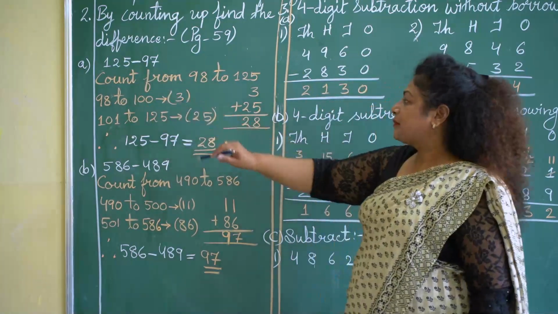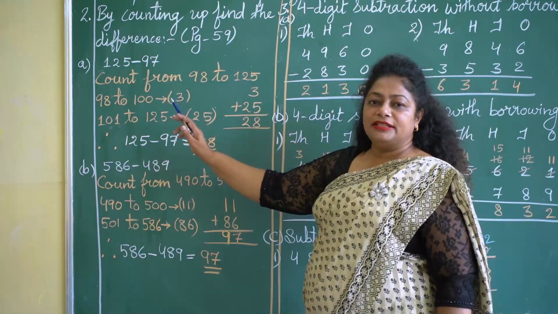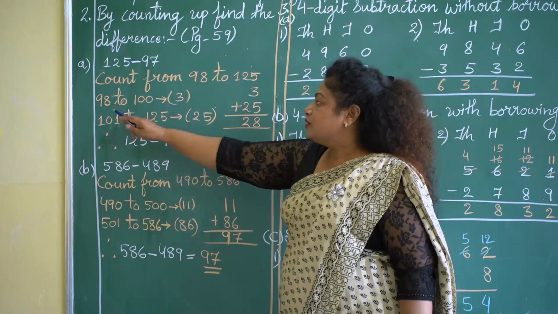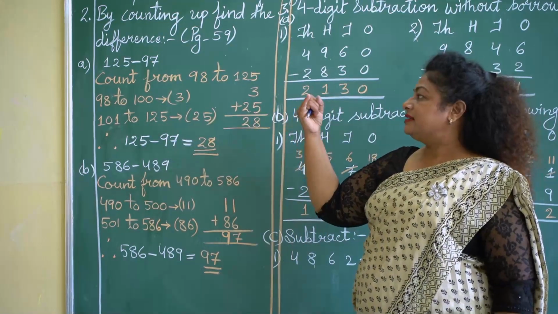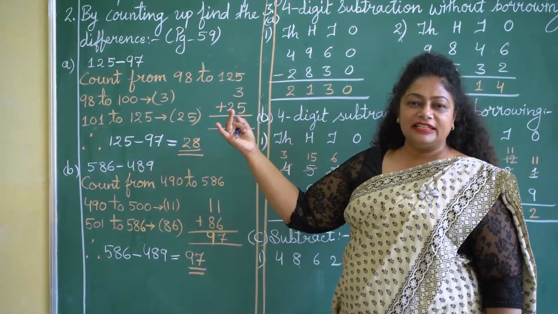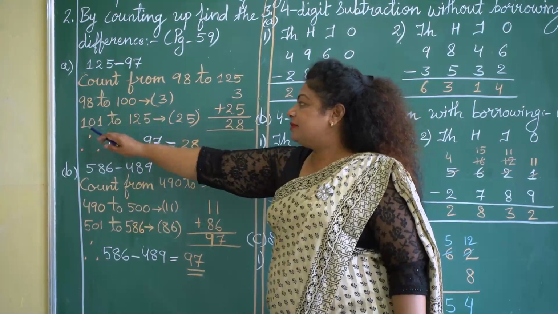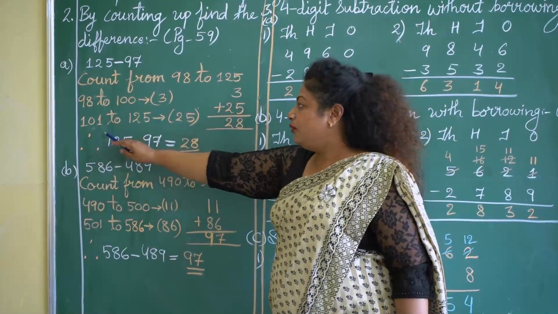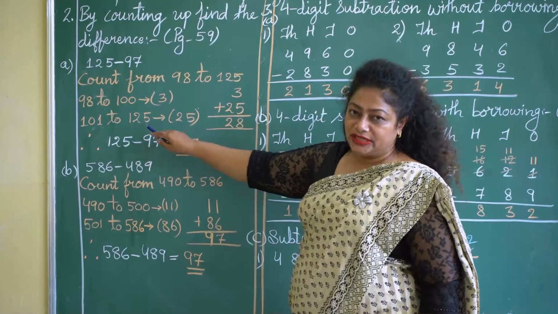Let us start. First we will count from 98 to the first multiple of 100, that is 100. So let us count 98 to 100. We will get 3 numbers, that is 98, 99 and 100. That means we got 3 numbers. Now after 100 comes 101. So now we have to count from 101 to 125.